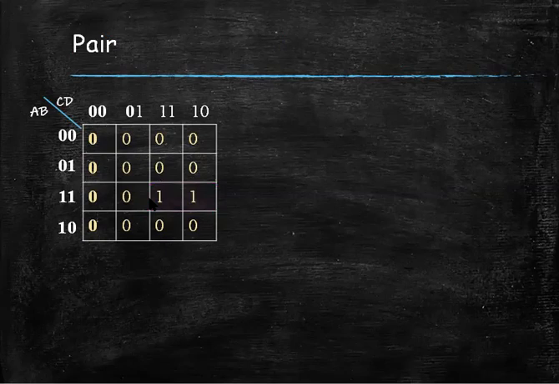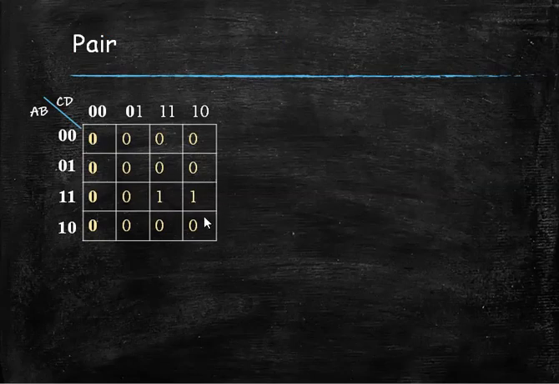Before going to that, we know that for this one, what is the product term? It is A, B, C, D. And for this one, it is A, B, C, D bar.